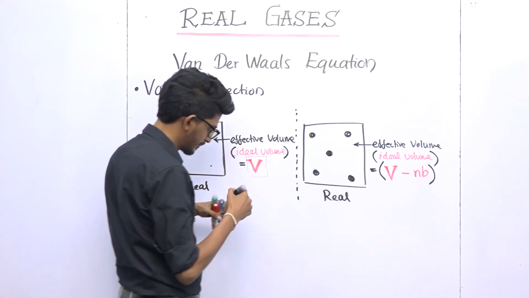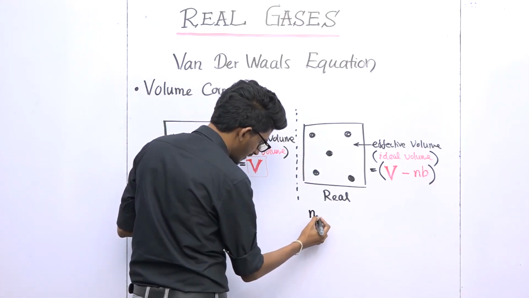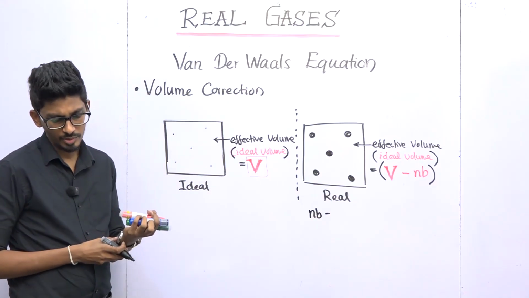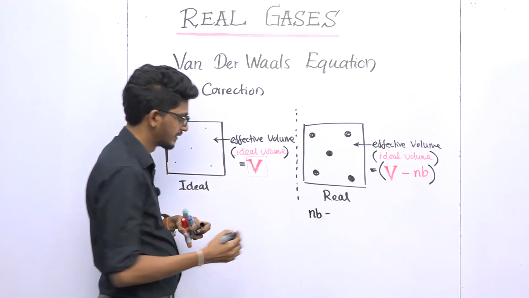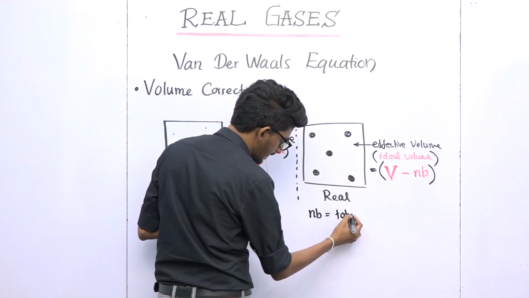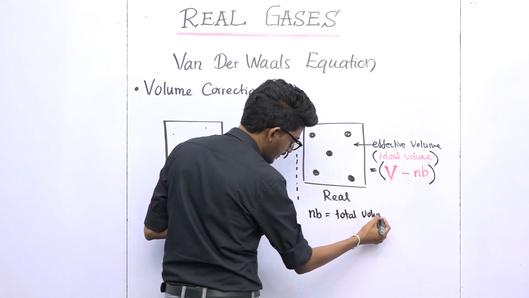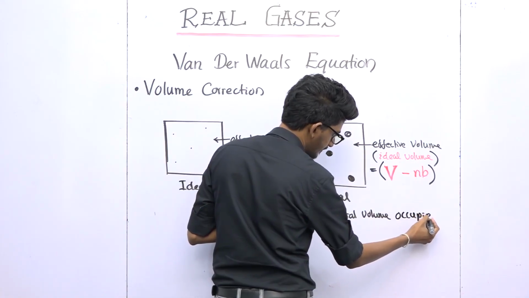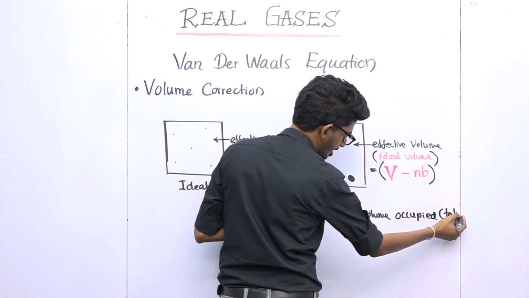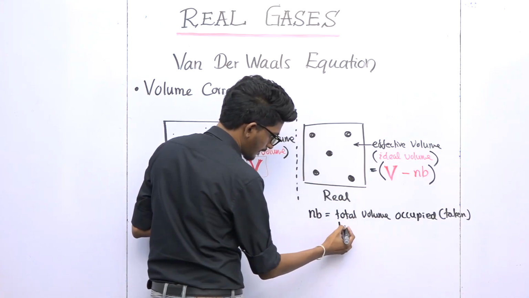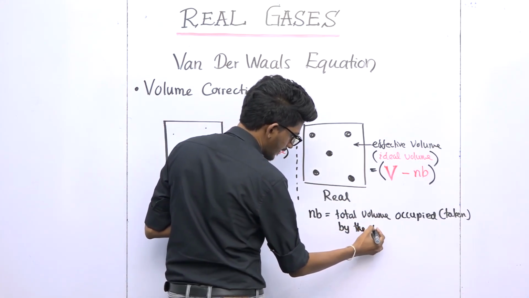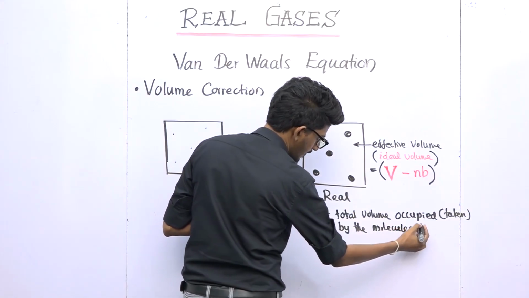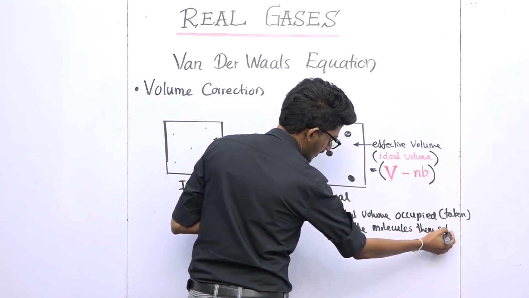So here nb is the total volume occupied, or taken, by the molecules themselves.